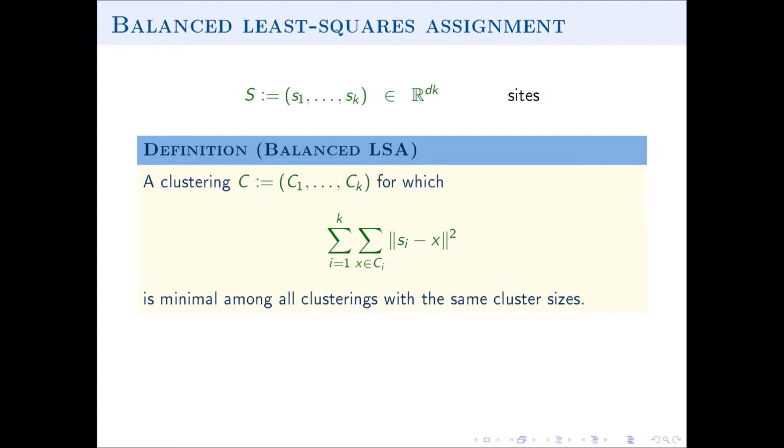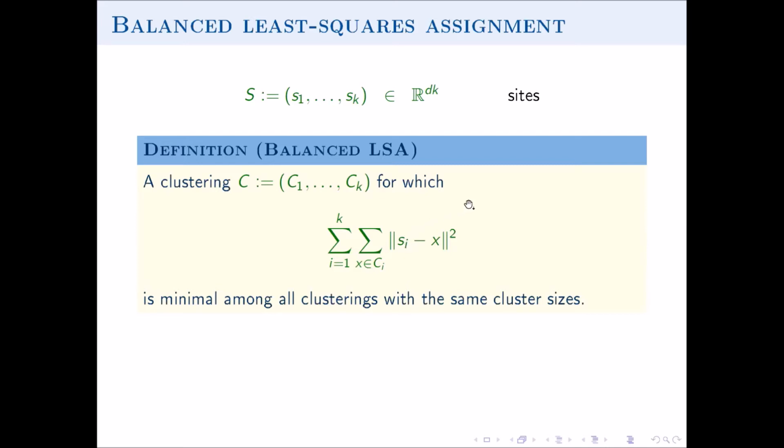So that would be a classical least squares assignment. Now, a balanced least squares assignment is a relaxation of this concept. It's a weaker concept. You don't have to be globally optimal among all possible assignments of points to clusters, but you only have to be optimal among all clusterings that have the same number of points in each of its clusters. So those are the direct competitors that you have to beat.